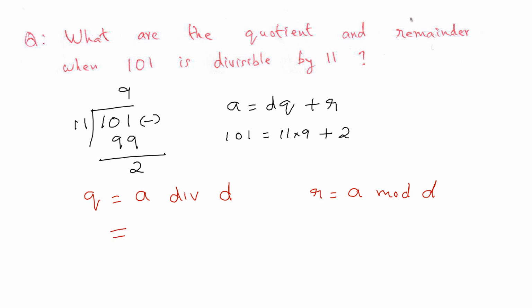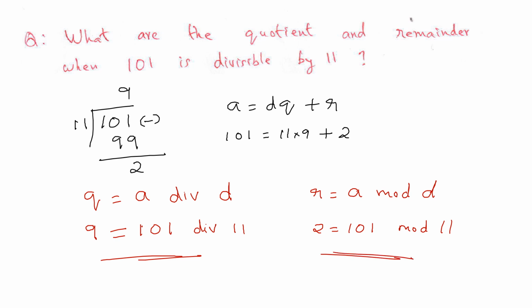A is 101. So 9 is equal to 101 division 11. And remainder, what is the remainder there? It is 2, right? So 2 is equal to 101 mod 11. So this is the quotient, this is the remainder. All right.